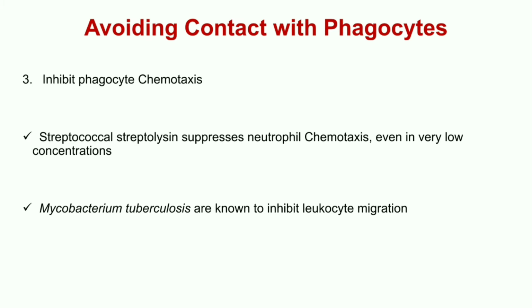Mycobacterium tuberculosis are known to inhibit leukocyte migration at the site of entry. In a similar way, Clostridium toxin also inhibits the movement of neutrophils at the site of wound or infection, thus avoiding getting phagocytosed.